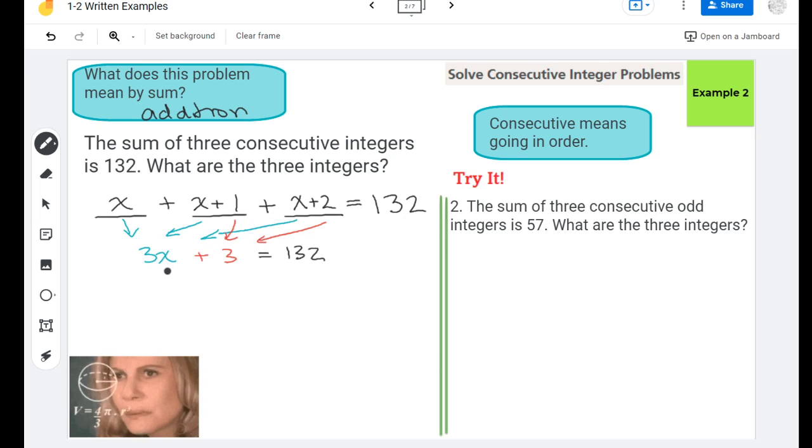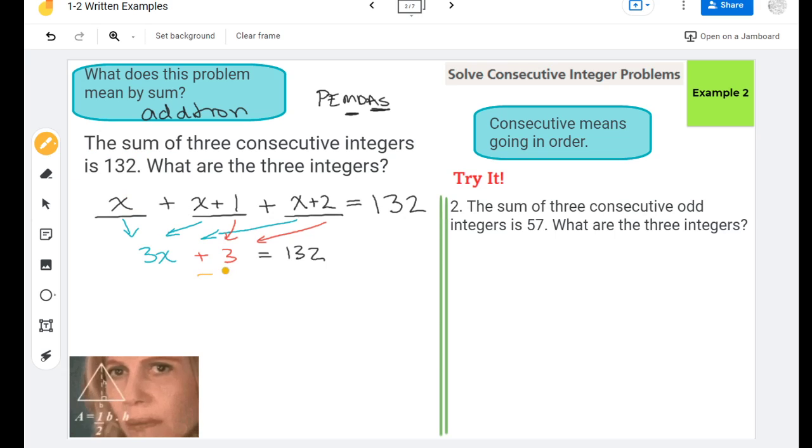So looking at what's happening to x, I see that x is being multiplied by 3, and that x is being added by 3. So if you consider PEMDAS, and remember when we're solving for x, we're going backwards through PEMDAS, I need to deal with my addition and subtraction before I deal with multiplication and division. So this plus 3 has got to go.